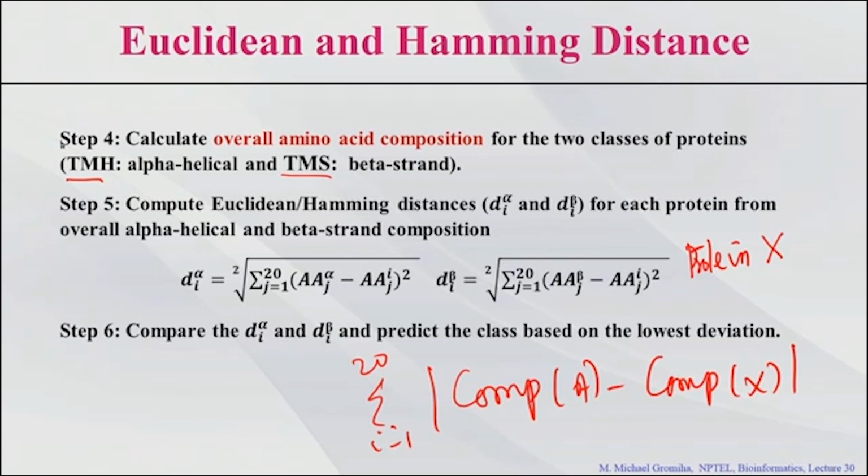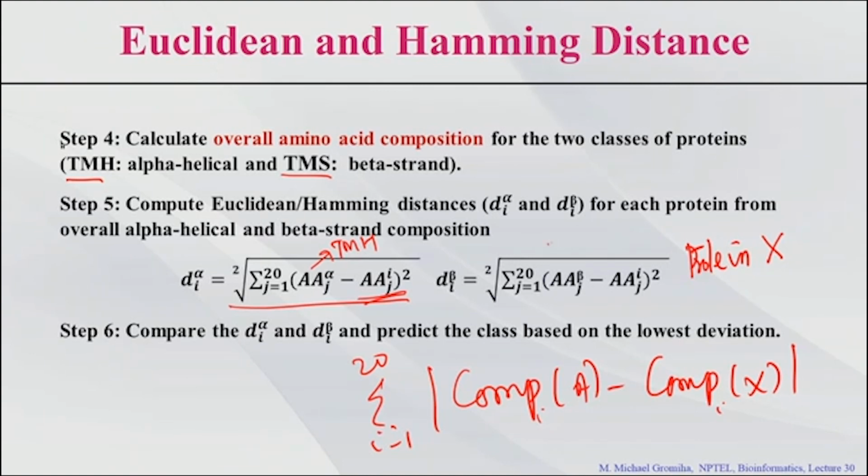If you take the set of proteins, the composition of the whole set A, and for any X, I equal to 1 to 20, you take the absolute values of the difference over the 20 residues. For the Euclidean distance, you use this equation: square root of the sum over I equal to 1 to 20, for the all alpha TMH proteins and your query protein.